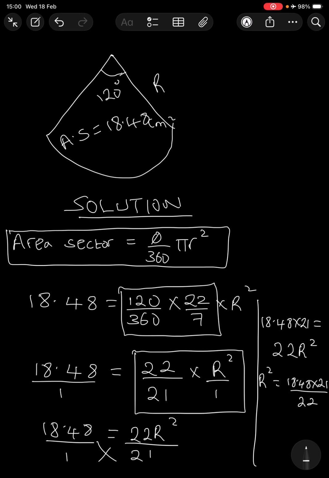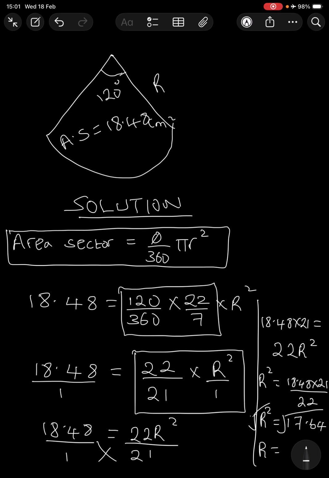So you divide. You take 18.48 times 21, then divide by 22, then you find the square root. So r squared is equal to 17.64. Find the value of r. So you find the square root.